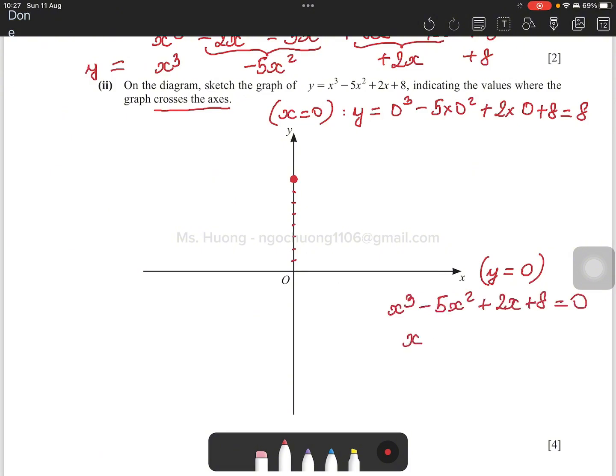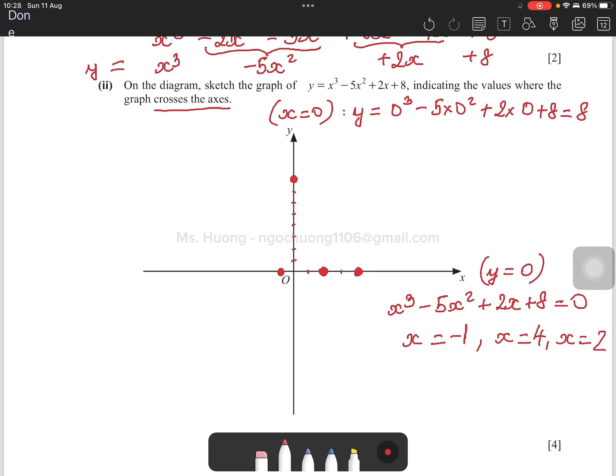Then x can be negative 1, x can be 4, and x can be 2. So we'll plot the point (negative 1, 0) here, the first point, and (4, 0), (2, 0). This is (2, 0), and this is (4, 0). So we have 3 points on the x-axis.